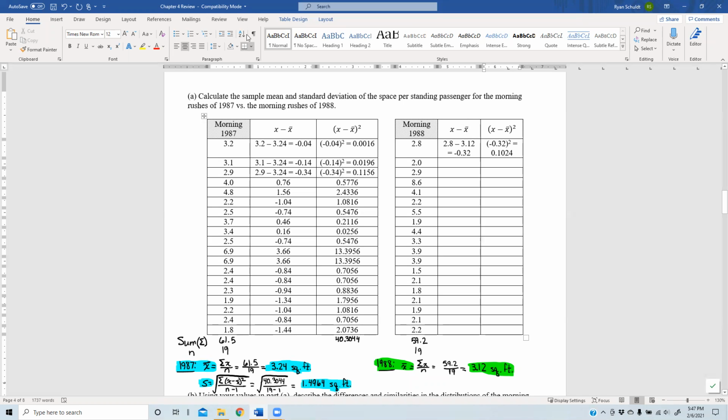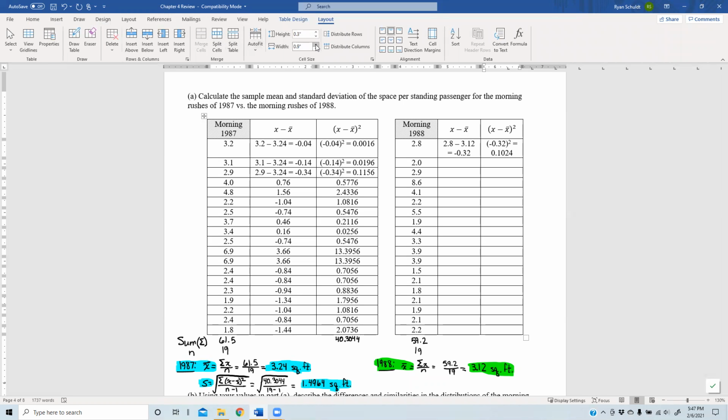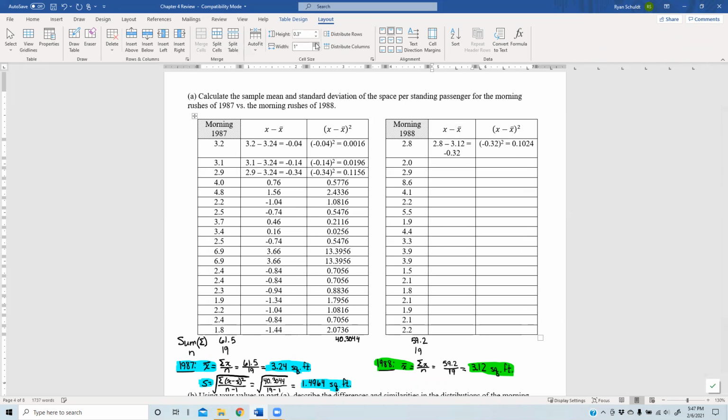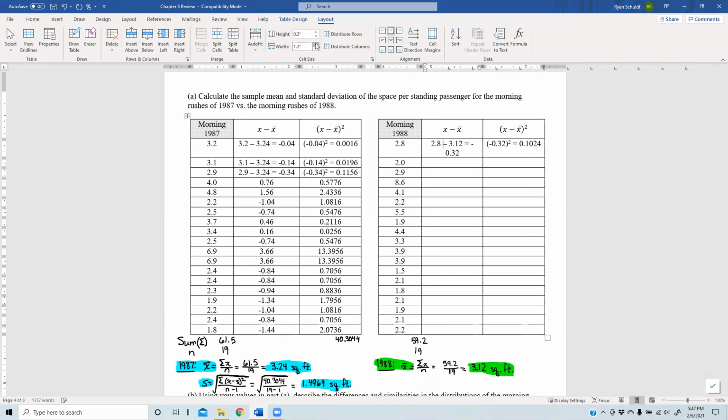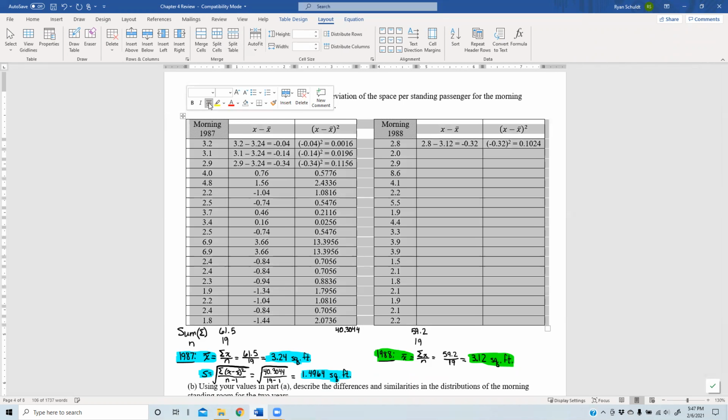Let's adjust our columns here. Make sure our whole table stays centered.